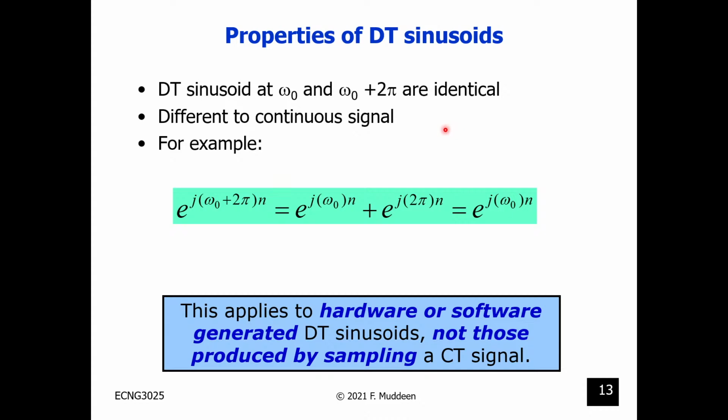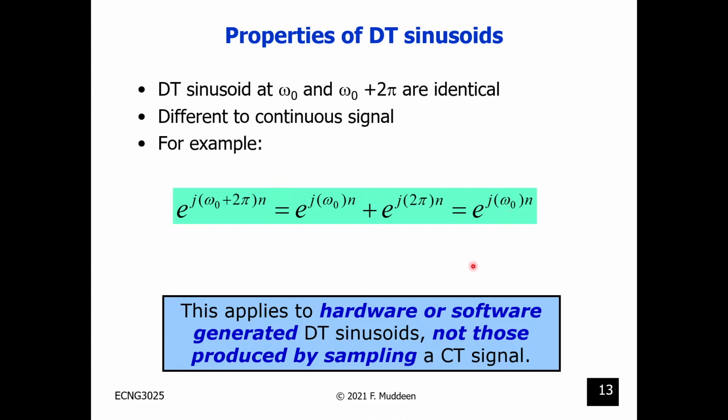This is why discretized time sinusoids are different from continuous time sinusoids. For example, if we apply this to a general complex exponential, e to the j of omega naught plus 2 pi, n, and break it into its components, the omega naught component by itself and the 2 pi component by itself, because the 2 pi component repeats itself, we just go back to e to the j omega naught n.